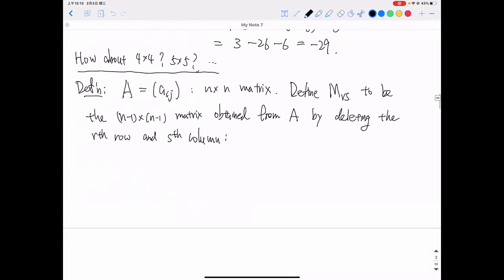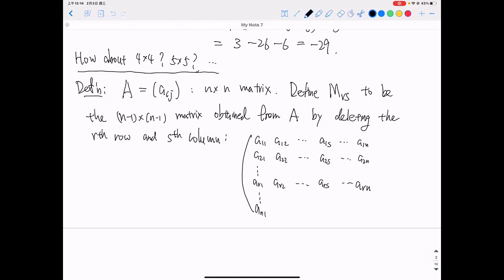Okay, so you can see this in a picture, say like this: a11, a12, a1s, a1n; a21, a22, a2s, a2n; ar1, ar2, ars, arn; an1, an2, ans, ann.